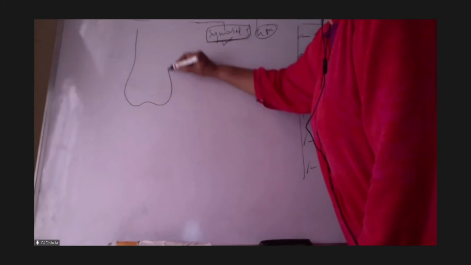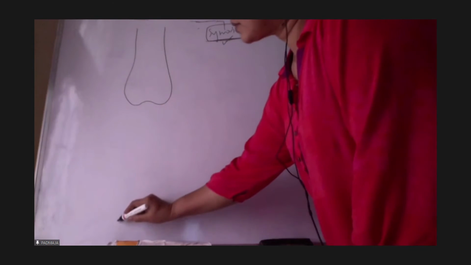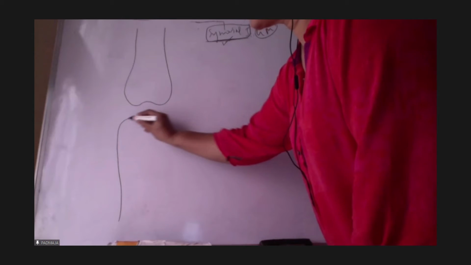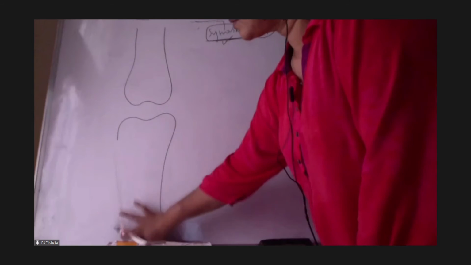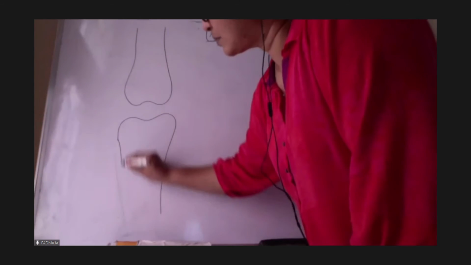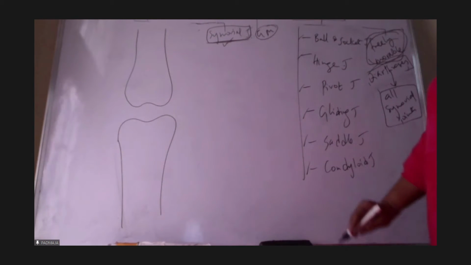You have to draw the diagram and explain. So let us start. Two bones near the joint. Draw the bones here. Completed?